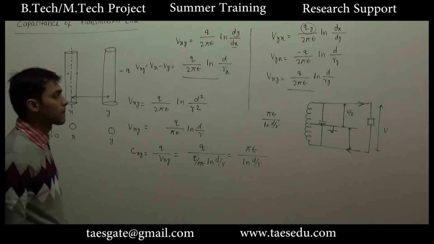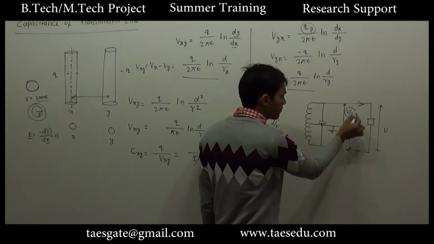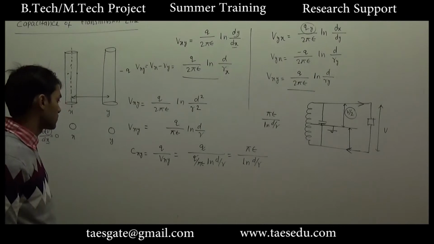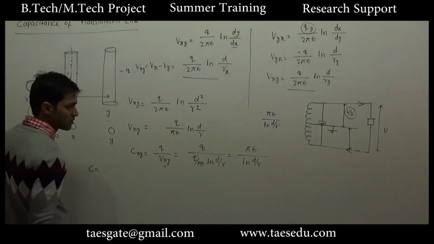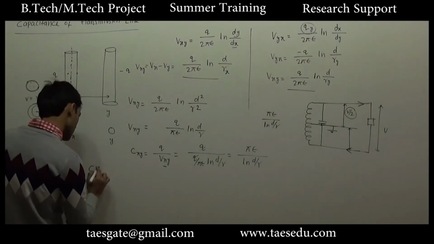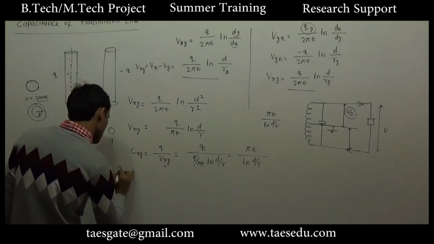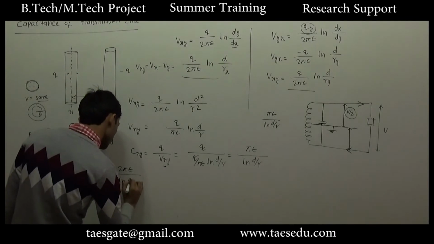So if voltage is halved, what will be the effect on capacitance? If this voltage is halved, the capacitance will be doubled. So capacitance between any line and neutral will be 2 pi epsilon divided by ln d by r.